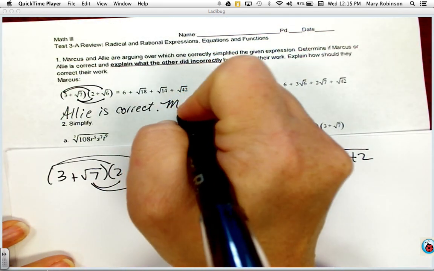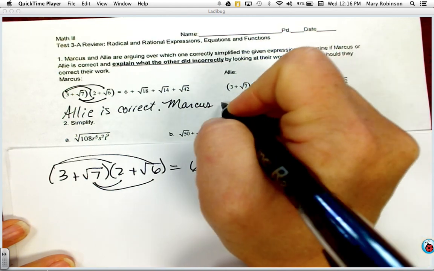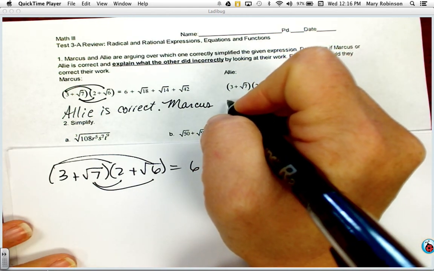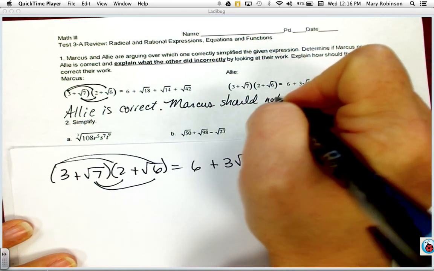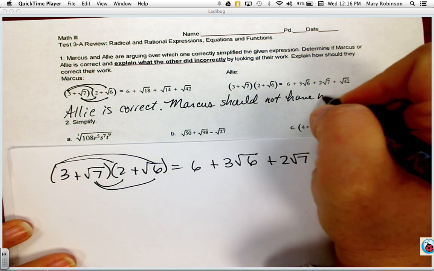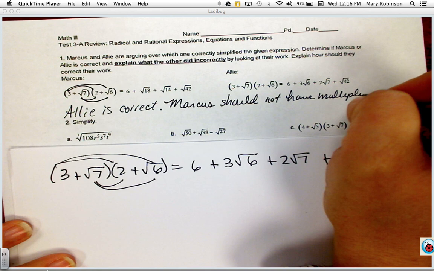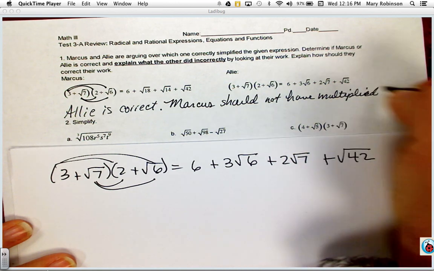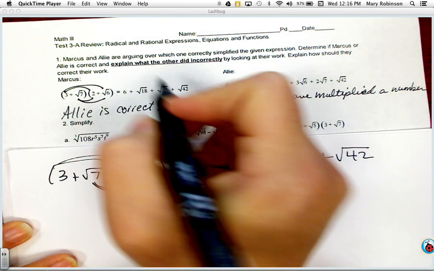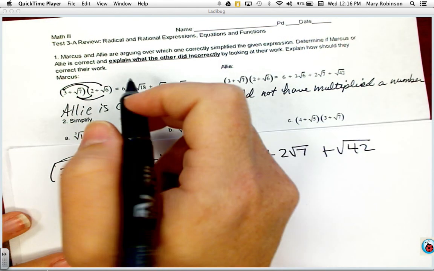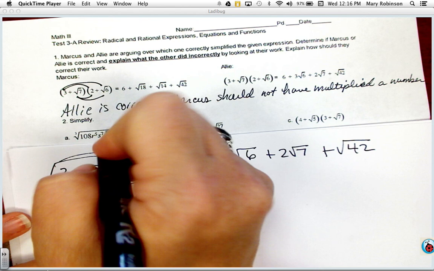We should state something to the effect that Marcus should not have multiplied a number without a radical, or the same goes for saying outside of a radical, with a number inside.